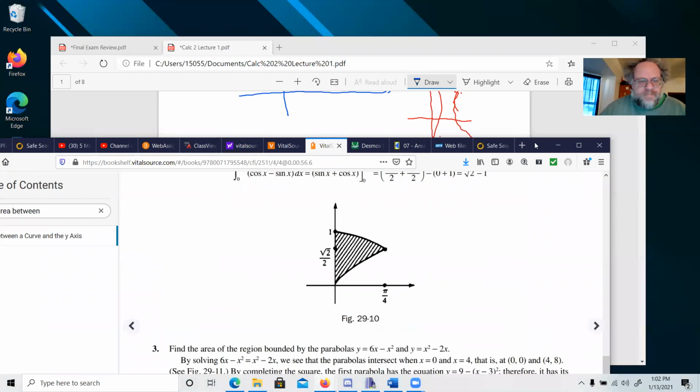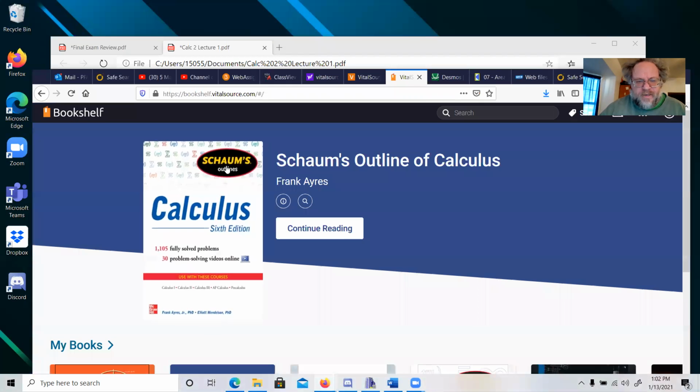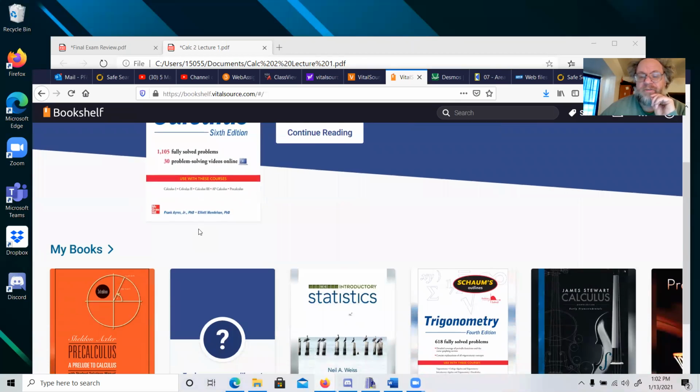Schaum's Outline, just to give you an idea of what this thing is supposed to look like. If you've never heard of these, they are a fantastic resource because there are a lot of problems that are completely solved, and then you've got about 1,000 problems that are unsolved. And since this is calculus, this goes for three semesters.